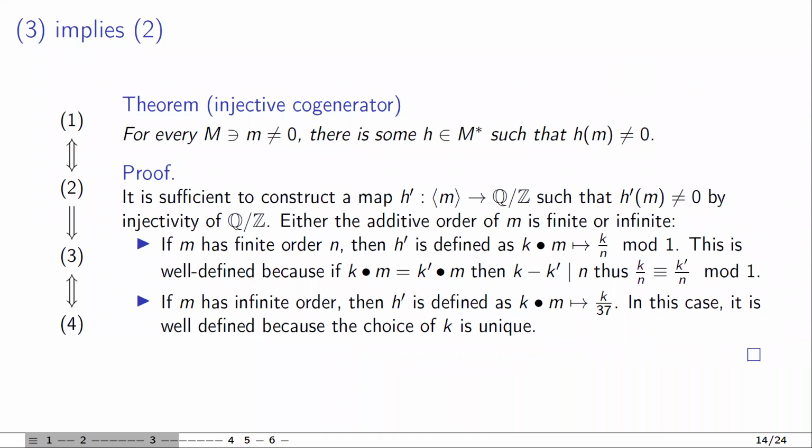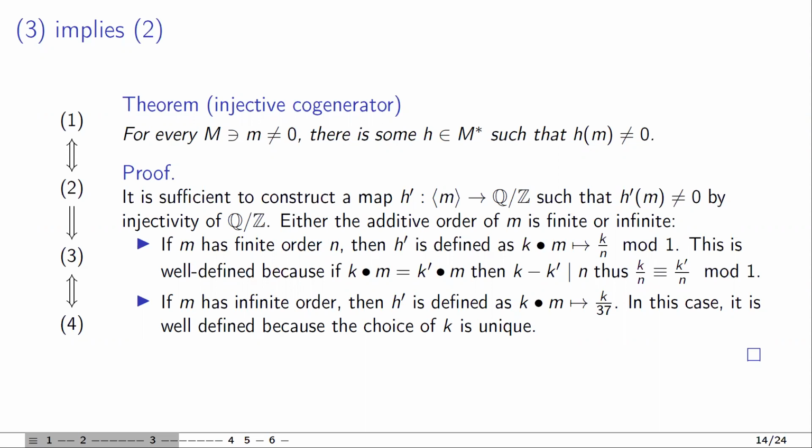So if m has finite order n, then H prime can be defined as k times m sends to k divided by n mod 1. And this is well defined, because if k times m and k prime times m are the same element in the submodule generated by m, then n divides k minus k prime, because n is the order.